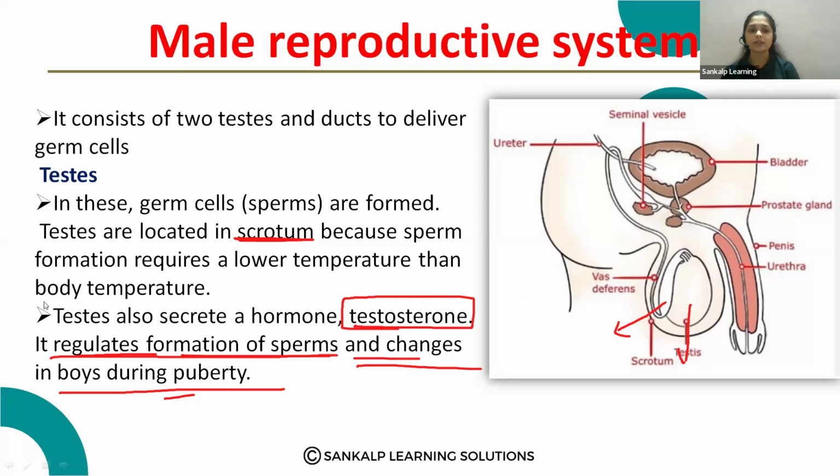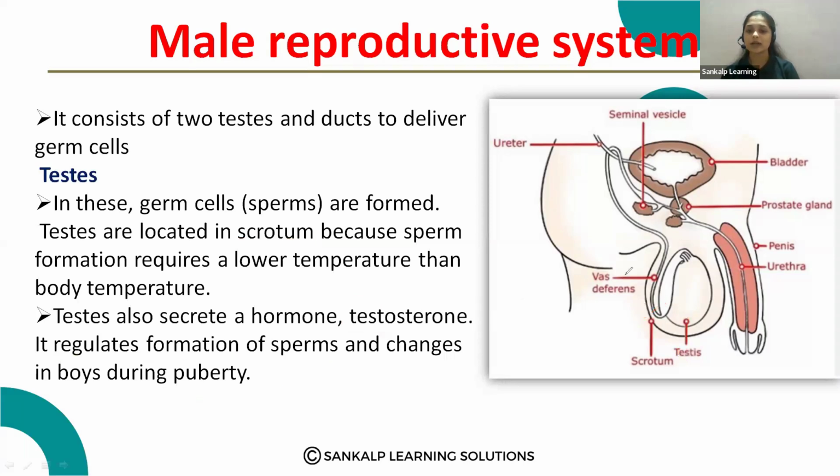Okay. After the formation of the sperms, they move in the duct called the vas deferens. The sperms are formed inside the testes and they are carried by the duct called the vas deferens. And this vas deferens also receives some secretion from the seminal vesicle and from the prostate gland. These are the two glands.